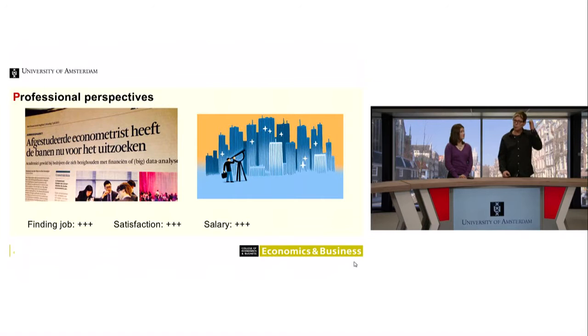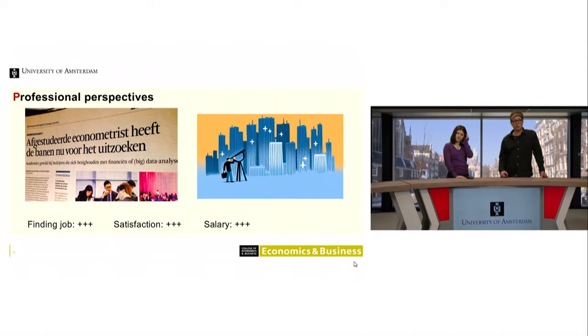First of all, the professional perspectives. Well, actually, there's only one thing I can say. It's just excellent. Once you have a degree in either actuarial science or econometrics, the professional perspectives are really good. There are 3 pluses, as you can see on the screen, for finding a job. Usually people are working during their studies, even before finalizing them.